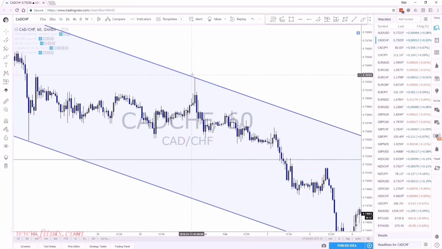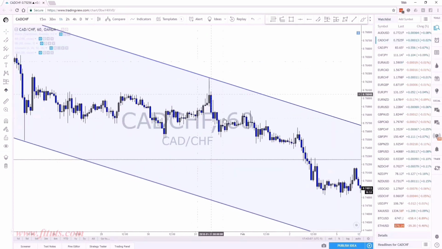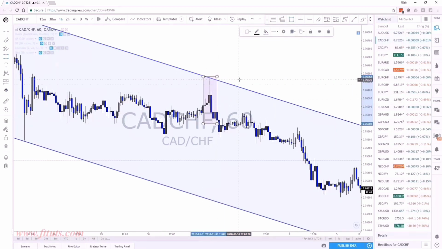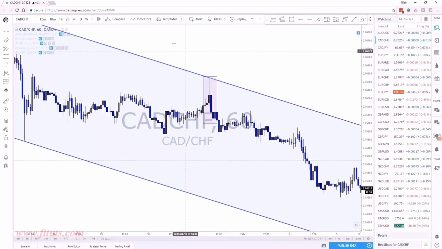So we have it testing the upper limit of this channel. Then our follow-up candle is this nice engulfing. Okay, so we've got two things going for us already, three actually. We know our major player is a seller. We have an exhaustion candle forming, even though it's a bullish exhaustion candle.